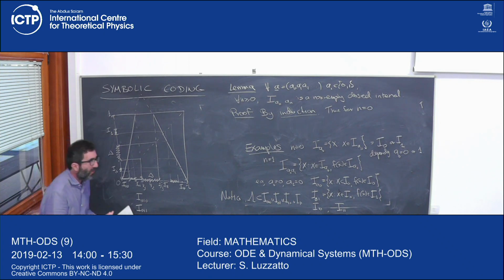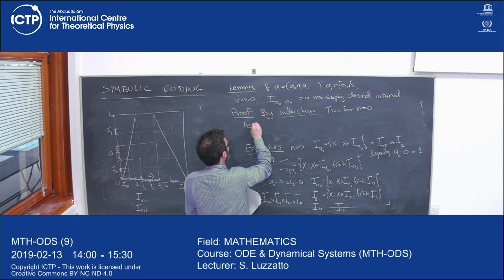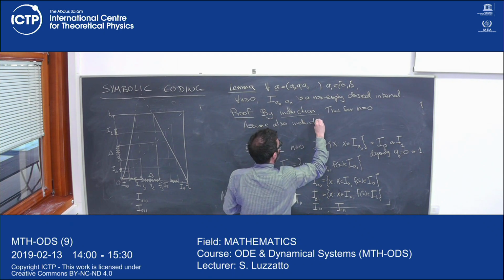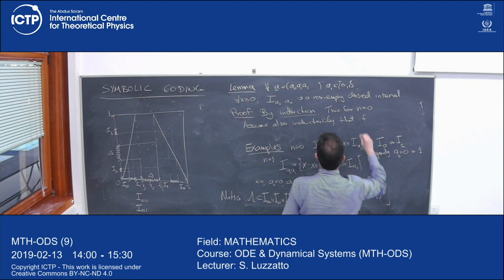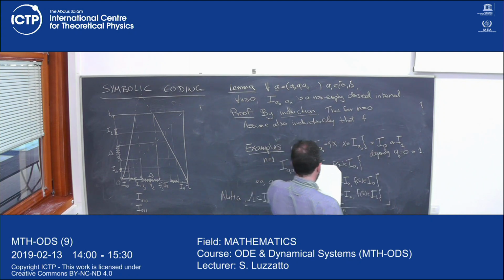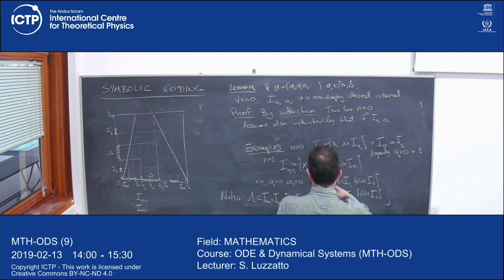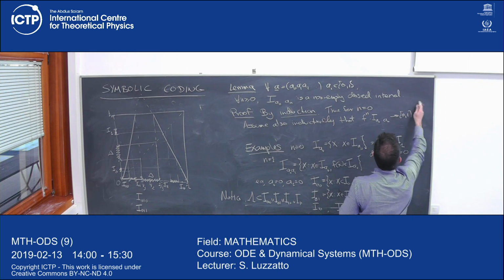For the inductive argument, we need to add another condition, assume also inductively that f_n from I(A0 to An) to [0,1] is a bijection.